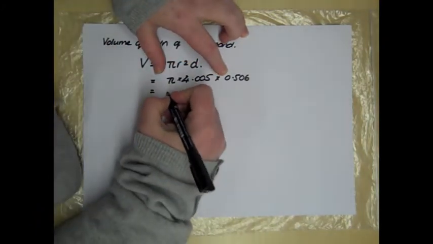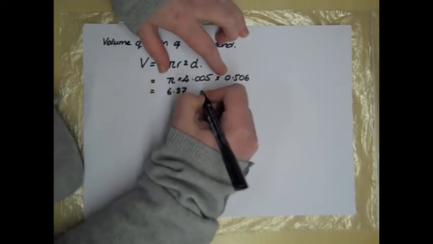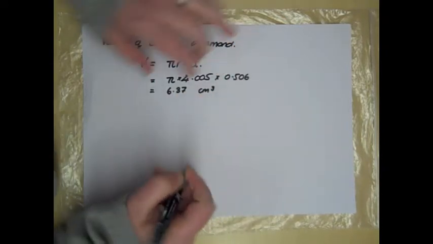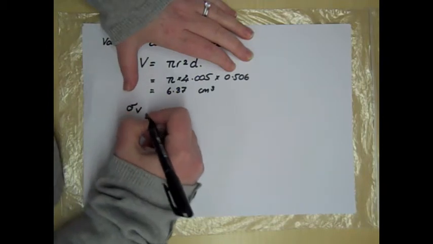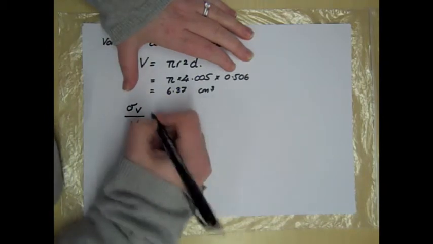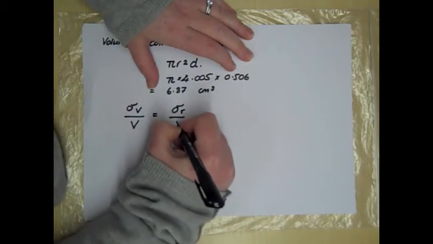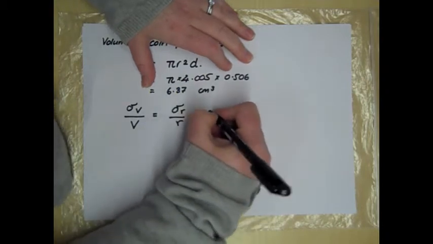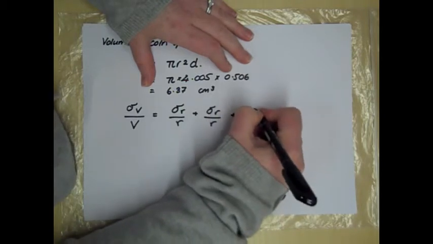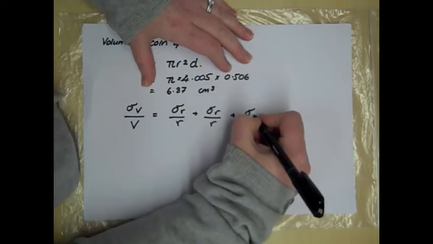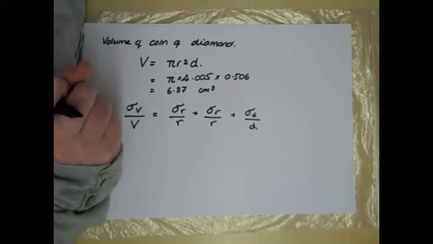So here, my volume of this coin is 6.37 centimetres cubed. So a pretty big lump of diamond. So the uncertainty in my volume divided by my volume is equal to my uncertainty of my radius divided by my radius plus the uncertainty of my radius divided by my radius plus the uncertainty of my depth of the coin divided by my depth of the coin.